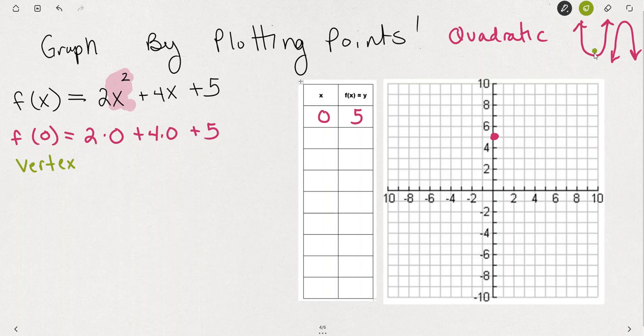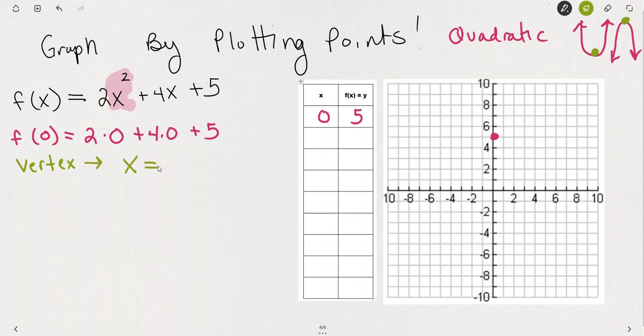Now the vertex is that point in the parabola where it changes from going downward to going upward, the bottom point, or the place where it changes from going upward to going downward. So it's the point where it switches over. That vertex is very easily found with a formula.